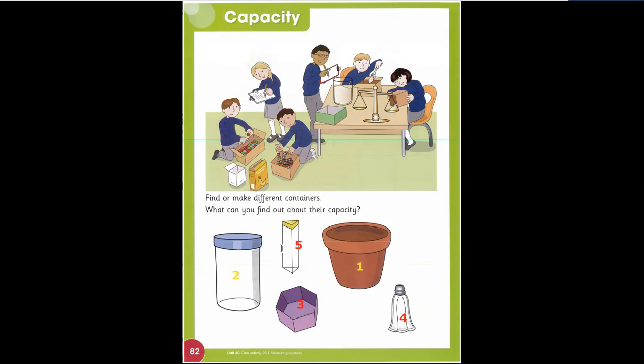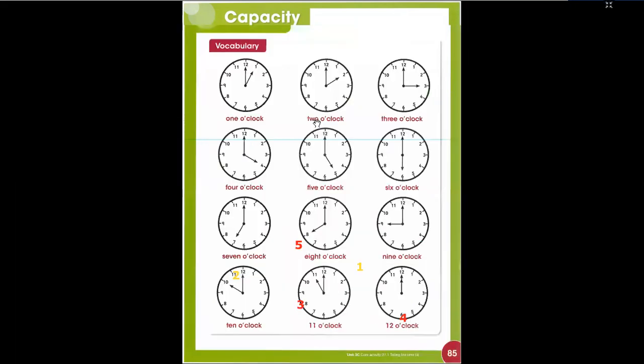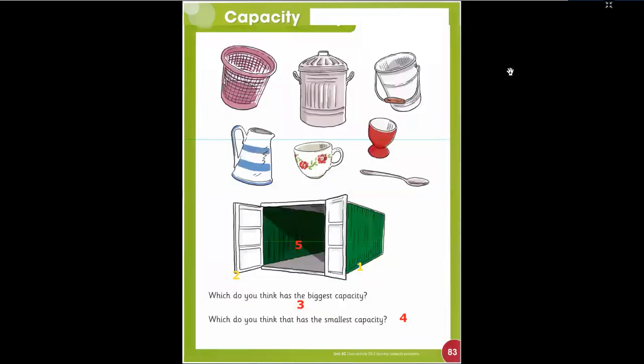The idea of capacity is something you have already learned. So this is for your revision, you can say. Okay. Which is the thing that has the most capacity?